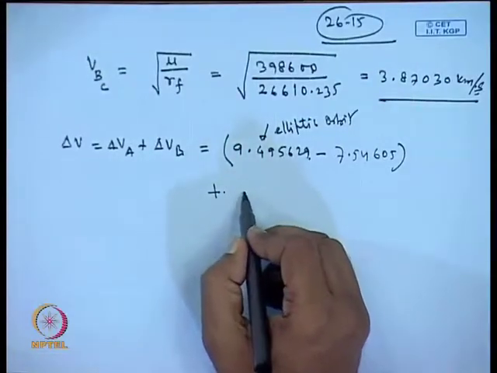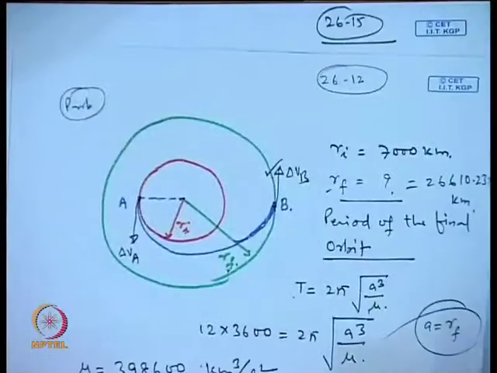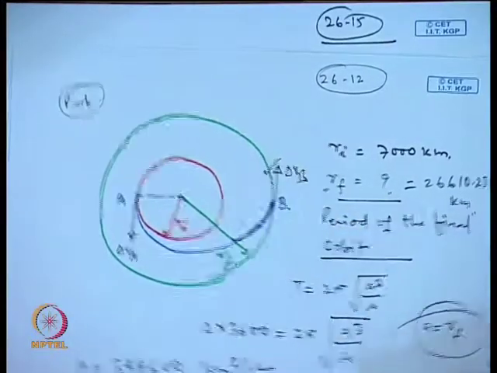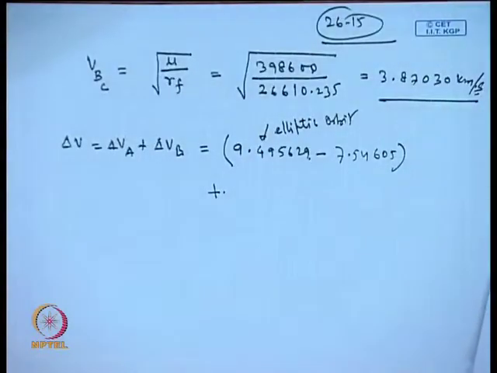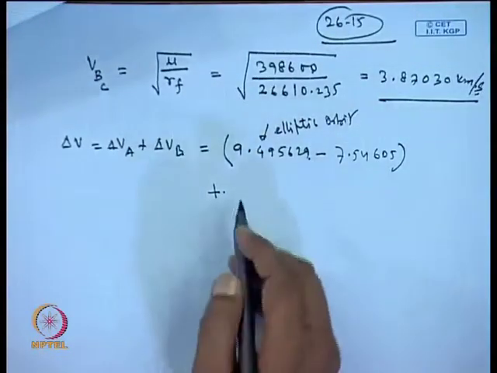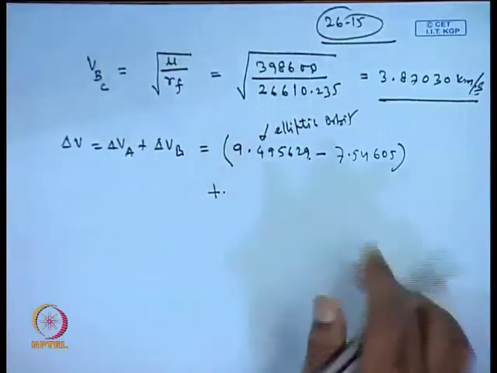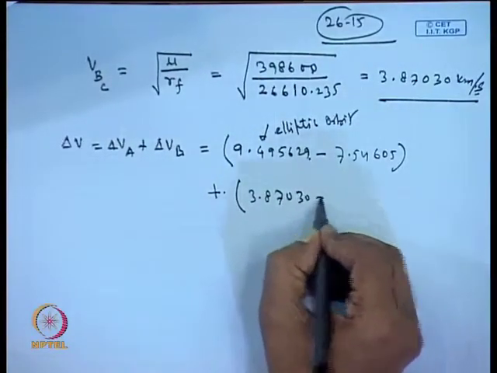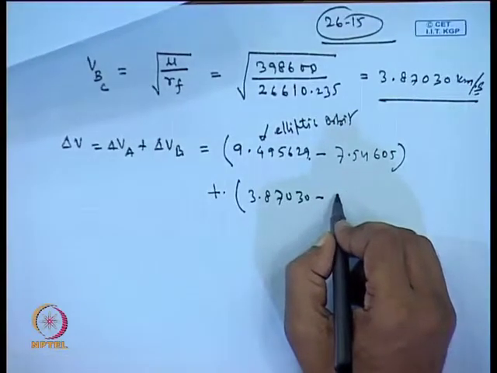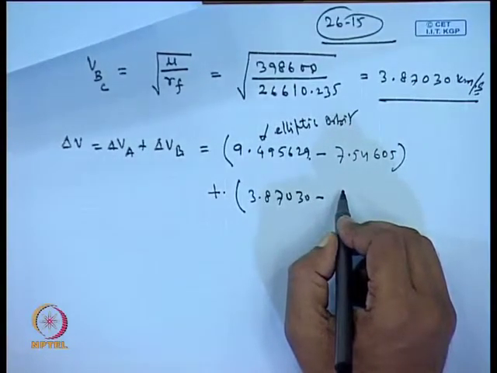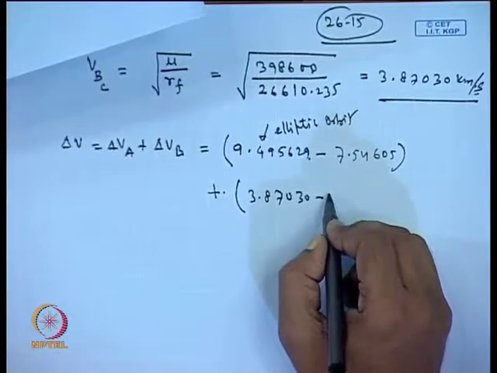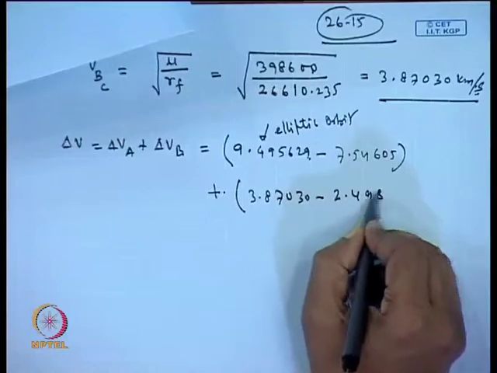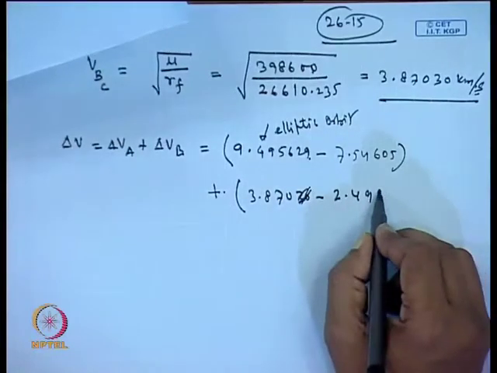And then delta V b similarly we need to find out, by subtracting the velocity in the elliptical orbit at point B from the velocity in the circular orbit. This value we have just derived, and this is 3.87, minus 2.498.